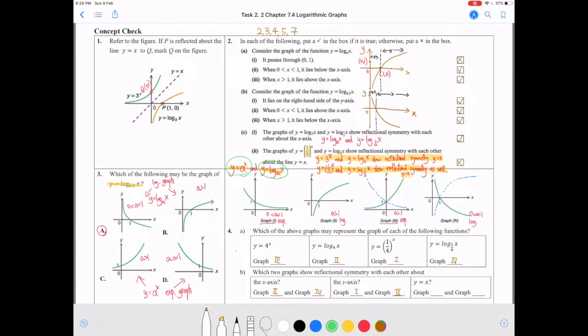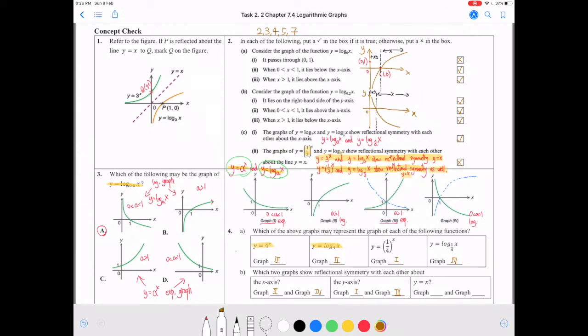Therefore, we know for the first two functions, let's say y equals 4 to the power of x and y equals log base 4 of x, since they are inverses, these two functions will show reflectional symmetry about y equals x.